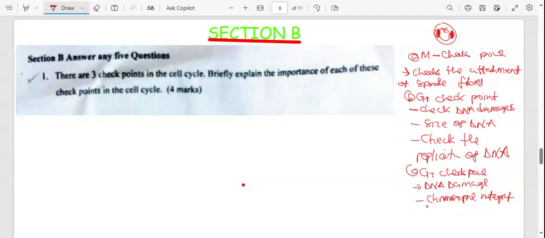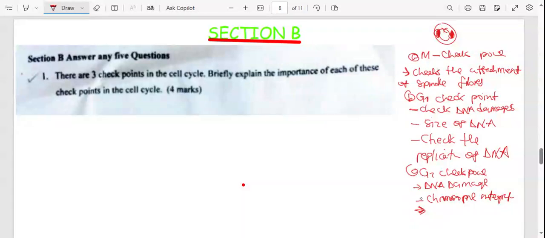So if the cell doesn't qualify, because after this is the last checkpoint, it will arrest that cell. It will pause that cell from proceeding, so that it can repair at this point, and it will go to the G2 gap.